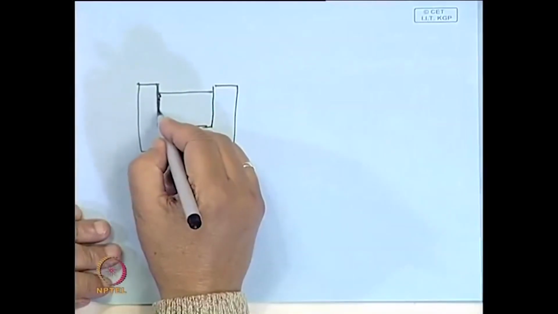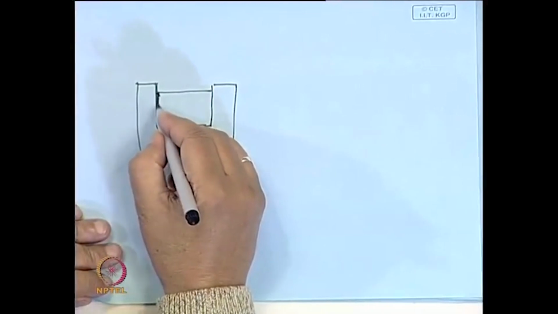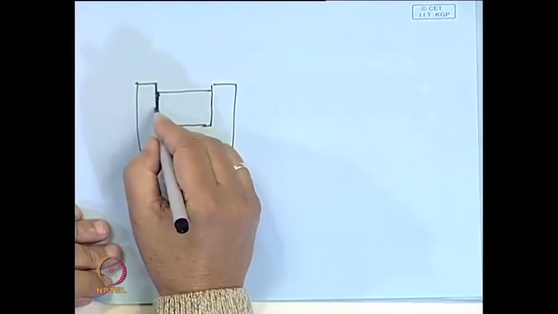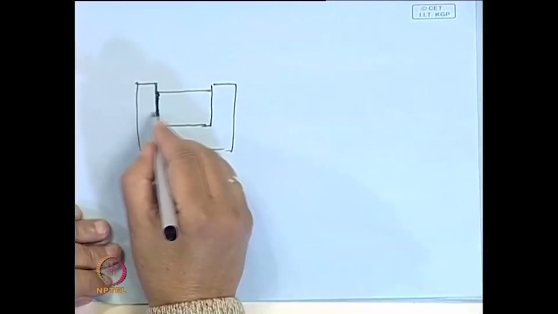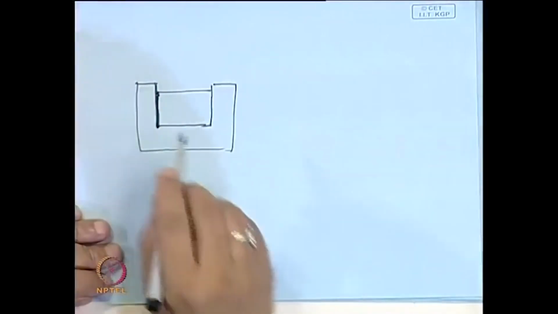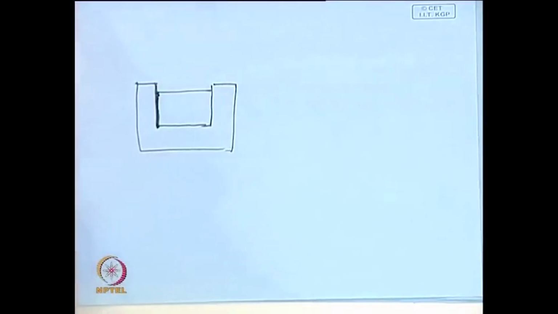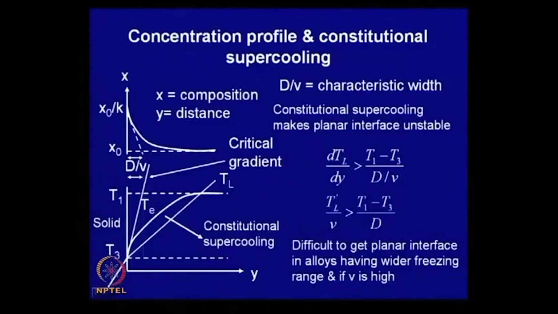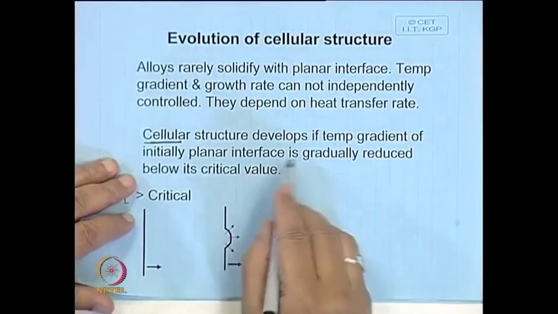So, on the surface the initial gradient is very high, and in that case the interface is planar. After that, when the solidification proceeds, this thickness grows. So, heat has to move through this, and the gradient decreases. So, later on it comes to this side. That means there is a departure from the planar interface, as the gradient is gradually reduced.